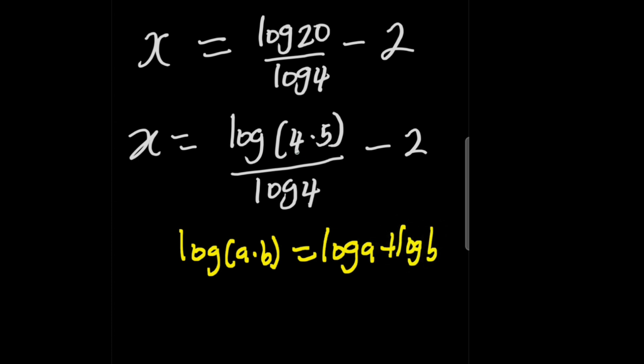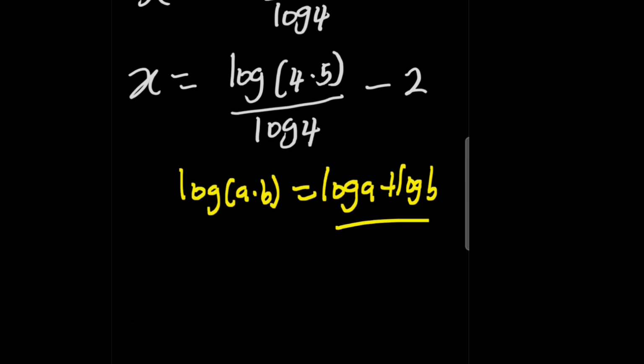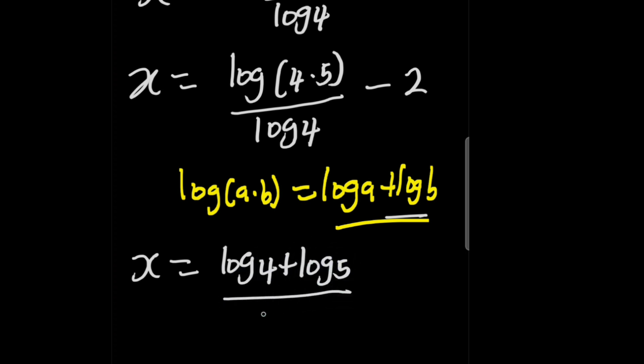So if you look at the numerator in the middle term, it's in the form of log a multiplied by b, which is 4 multiplied by 5. So we're going to rewrite it using this property. So when we apply this property, we're going to have x to be equal to log of 4 multiplied by 5, in this form is going to be the same as what? Log of 4 plus log of 5, then everything all over log of 4, which is the denominator, then minus 2.